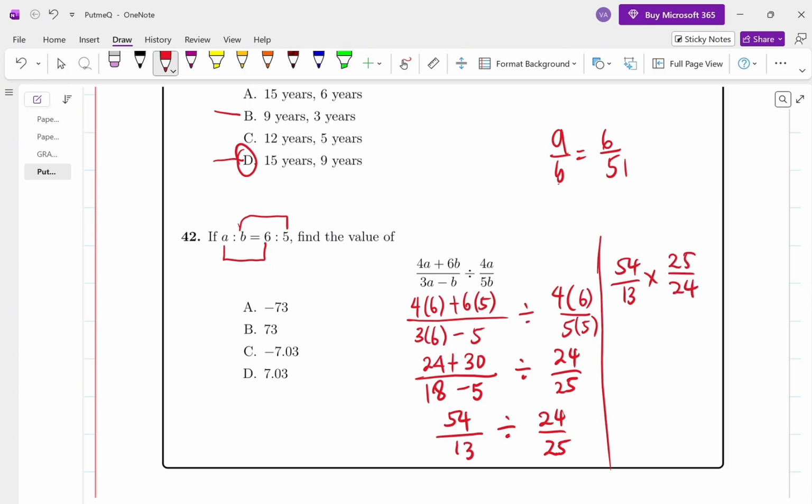Even if we choose to simplify this, if you take it into your calculator, you get 4.327, which is not in the options. That's what the answer should be, but it's not in the options. Okay, so let's move on.